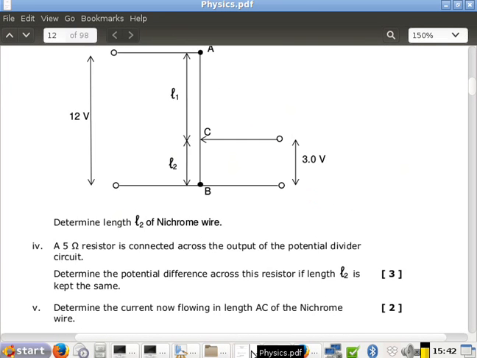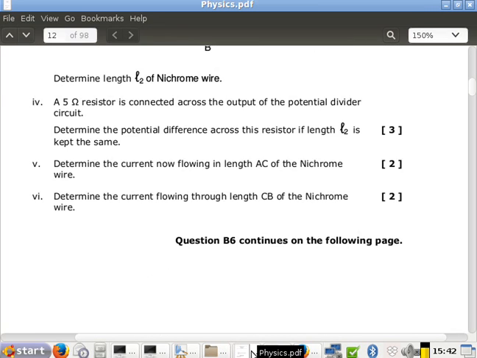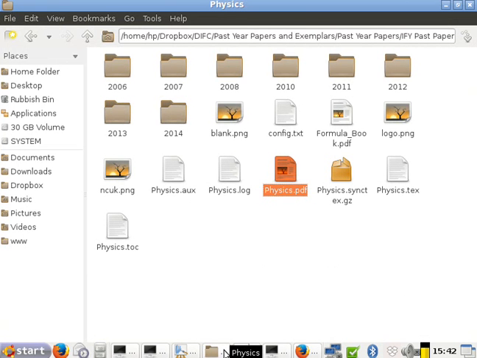Which number is this? Version 1. Right, just give me a few seconds.